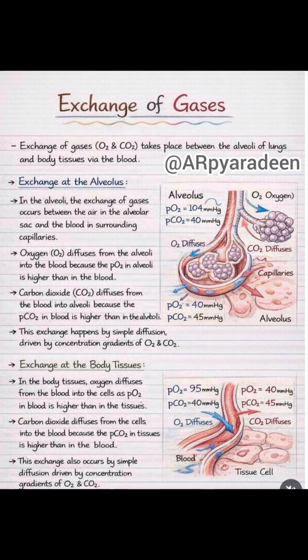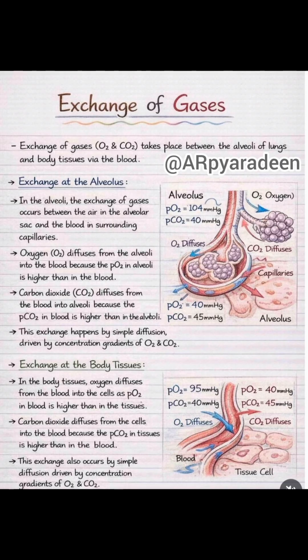Coming to the next, functional residual capacity. Volume of air that will remain in the lungs after a normal expiration. This includes ERV plus RV. Next, vital capacity. The maximum volume of air a person can breathe in after a forced expiration.